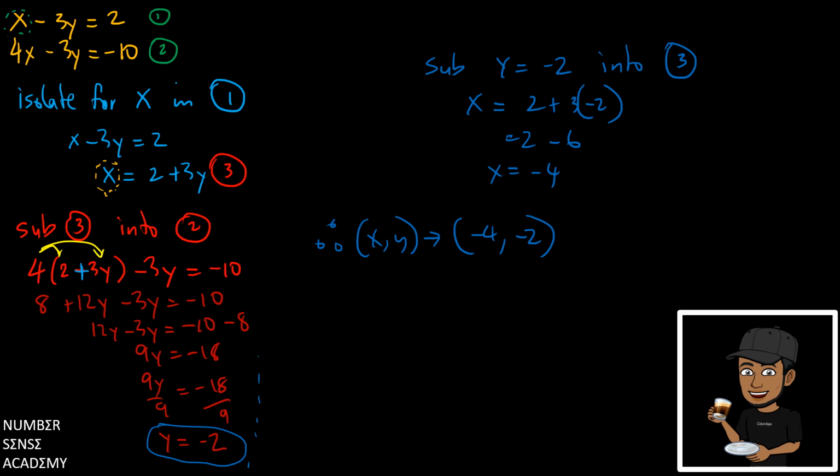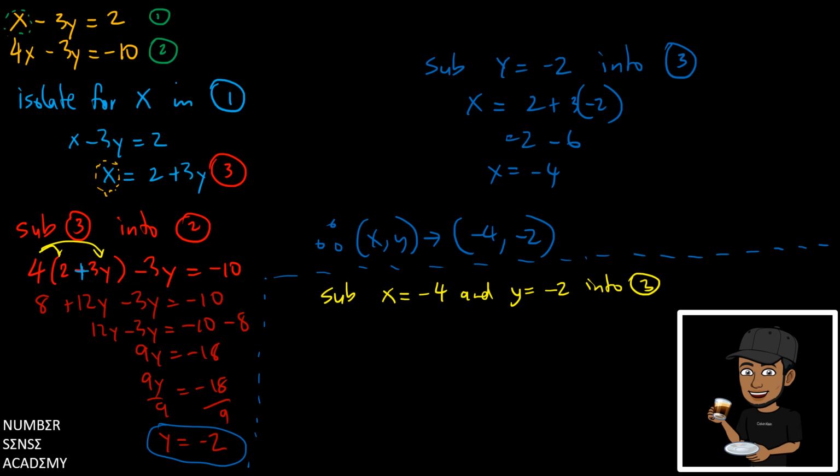And as a good practice, I'm just going to check to make sure that this is the case. So let's grab equation 3. So I'm going to sub x equals negative 4 and y equals negative 2 into equation 3. I could sub it into equation 2 if I like, but equation 3, like I said, is nice and solved.